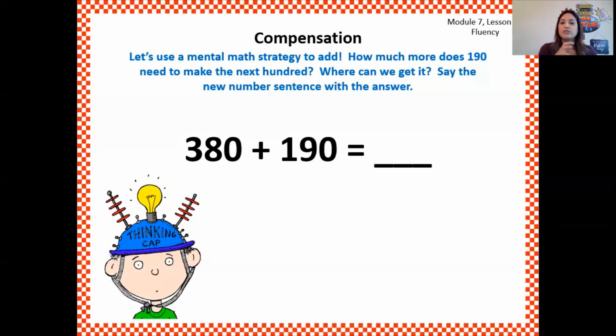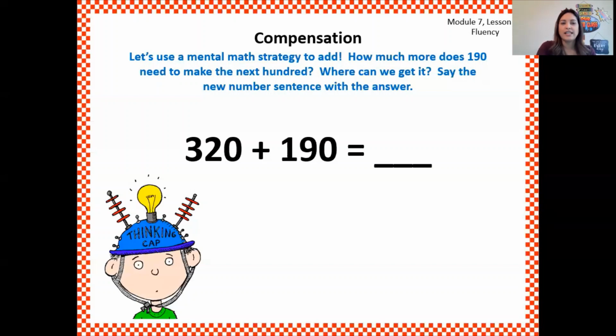And if we give those 10 to 190, what does 190 have? Now, 200. So our new number sentence is 370 plus 200. And the answer is 570. Very good.